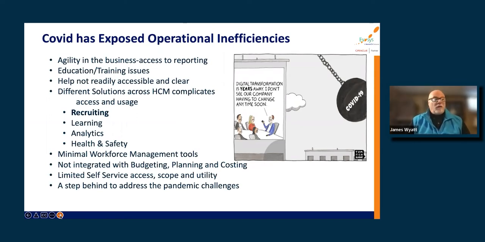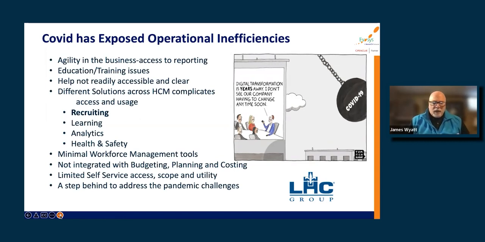If the system was capable of doing so, it exposed a lot of inefficiencies and business issues relative to the organization, because you had issues in retaining and recruiting people, understanding what your workforce looked like, and having the appropriate tools to manage the workforce.